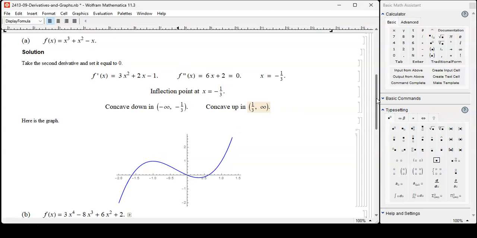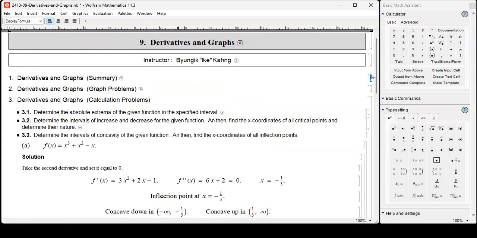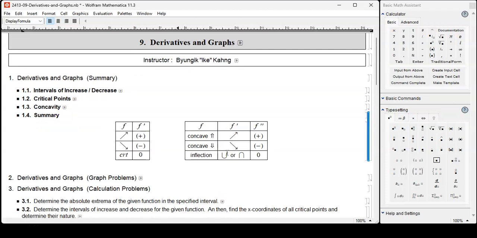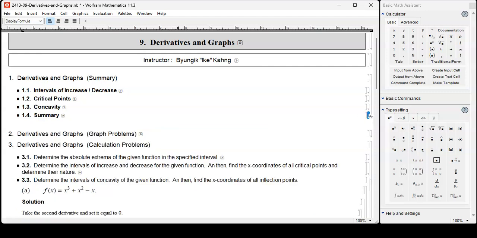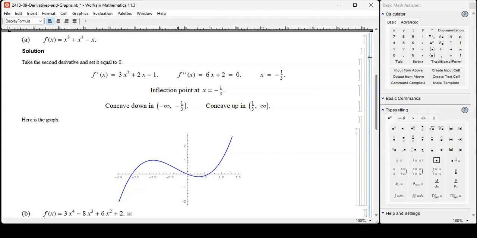And you get it from second derivative equal to 0. All right? Go back here. First derivative changes from increasing to decreasing when the second derivative changes from positive to negative, or vice versa, and threshold when it hits 0. That's what you're looking for, and that's what you calculated here. Let's do some more of these.